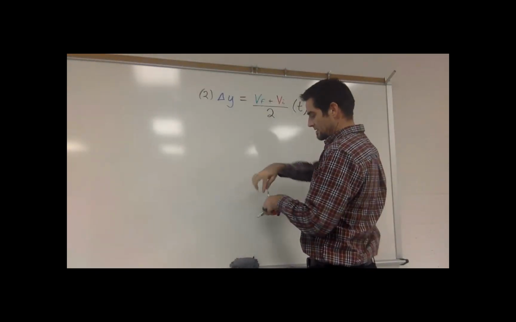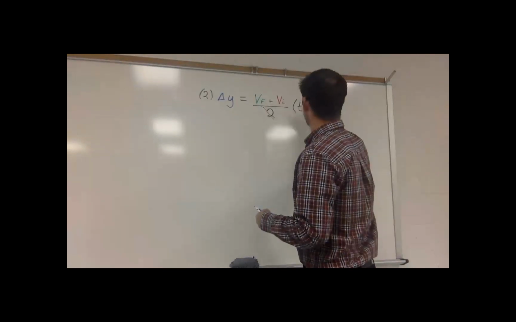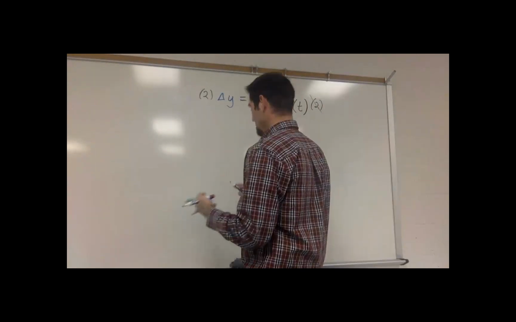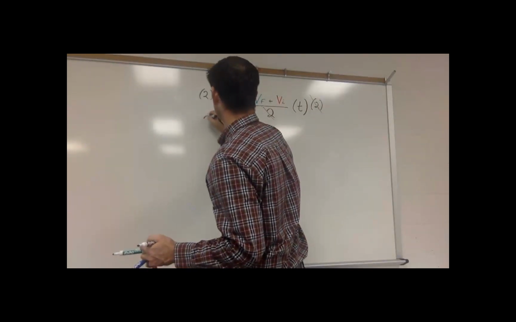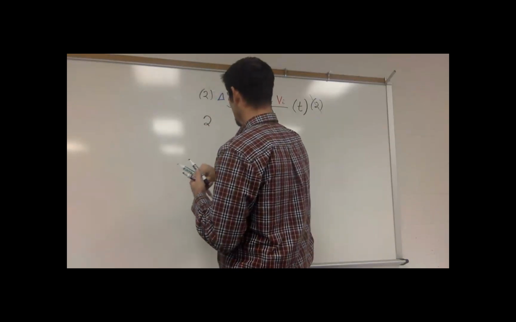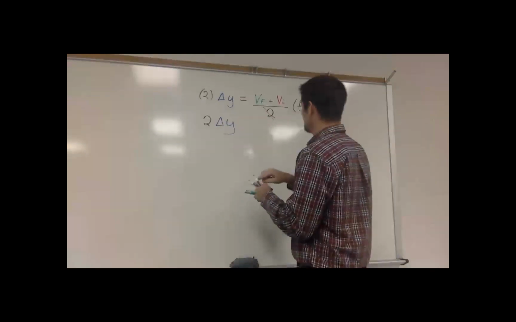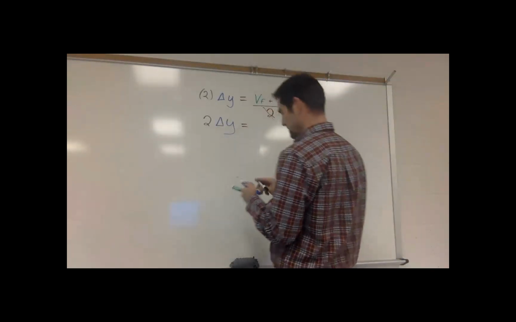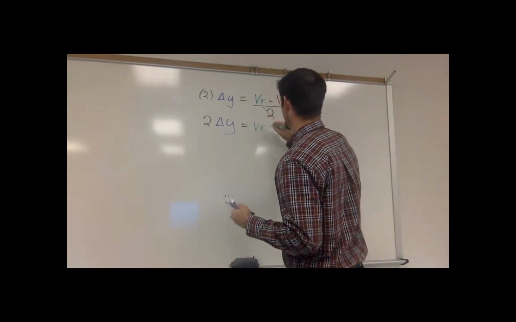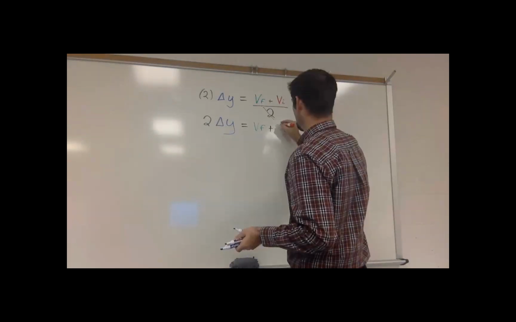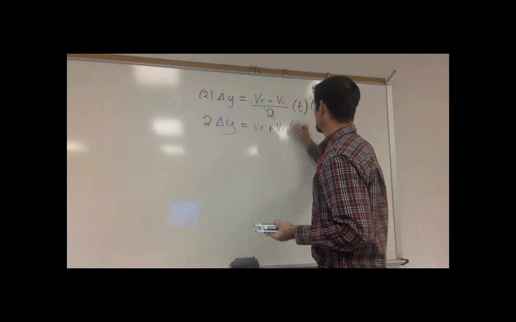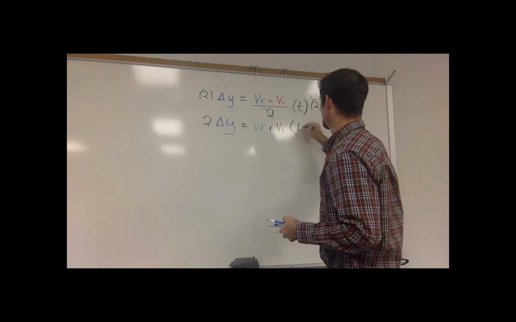And that's going to cancel out the 2 on this side. Now you've got 2 delta y is equal to VF plus initial velocity times time.